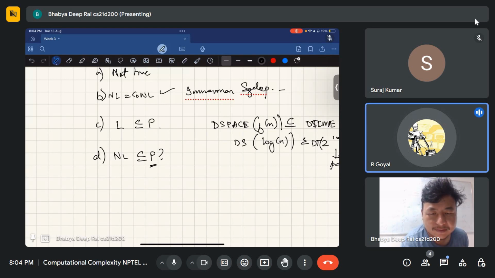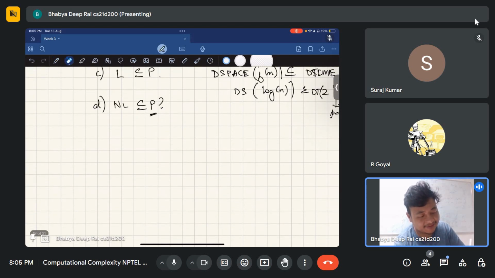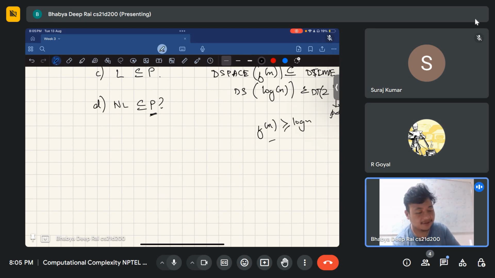The problem size f(n) is at least log n, it's not strictly greater than log n. So you can use it, no problem with the argument. Anyway, you can simply use DFS.